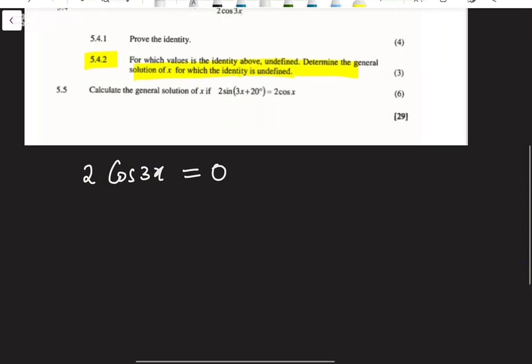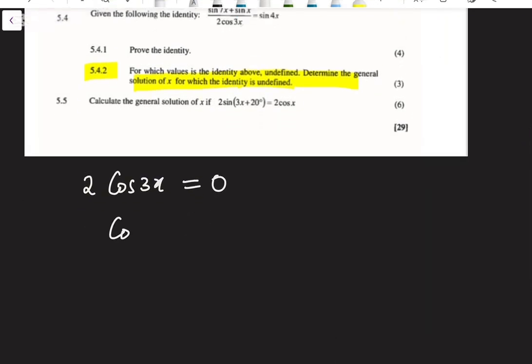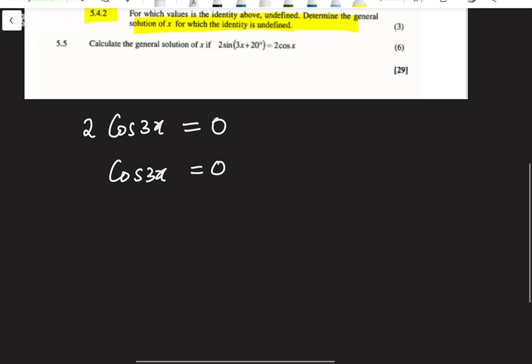And then we divide everything by 2. We will remain with cos 3x is equal to 0 divided by 2 is 0. Now we are going to have 3x is equal to, what is a cos of 0? It is 90. But because we are dealing with general solution for cos, you always put plus or minus here if you are using a graphical method.